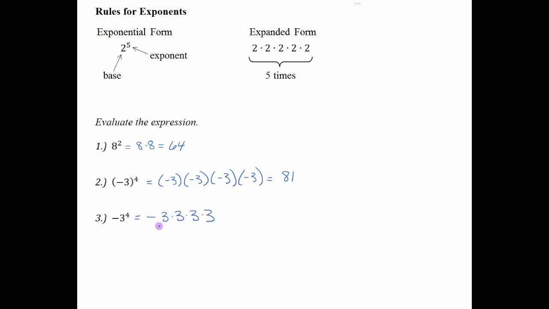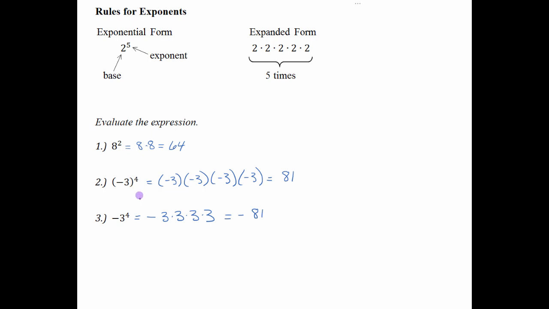It's only the 3 that is multiplying itself 4 times, and the negative is sitting out there in front waiting to be used. Now we have just one negative sign, so our result will end up as negative. 3 times 3 times 3 times 3 is 81. So we have a negative 81.